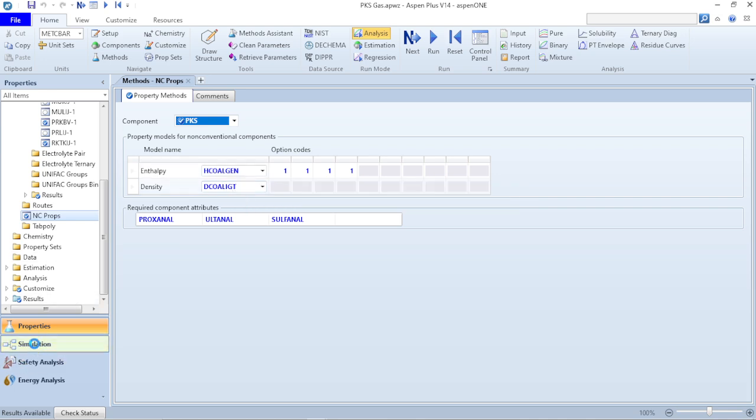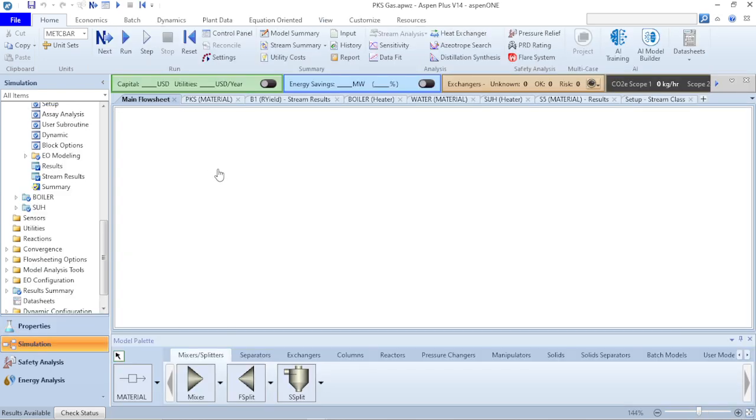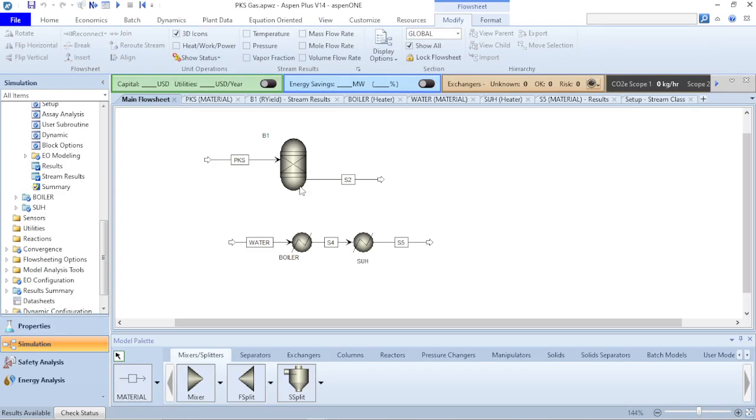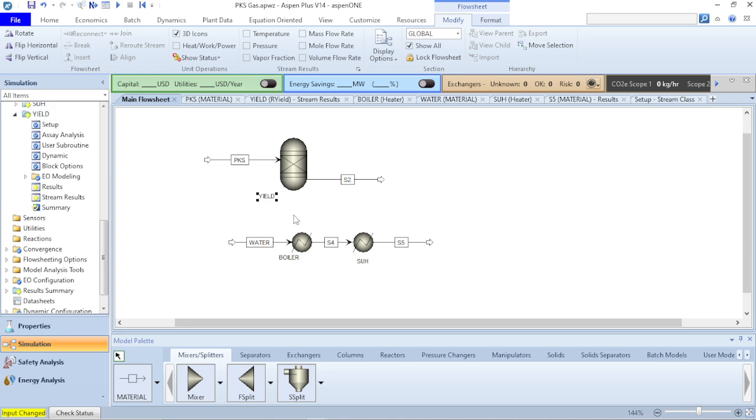So coming down to the simulation, we set up the stream for the PKS, and then we set up our yield reactor. Then we have the boiler, and we put in the elemental phase first before we continue.